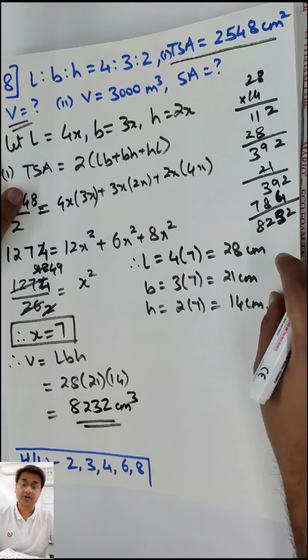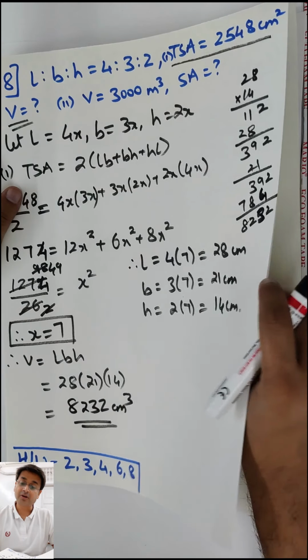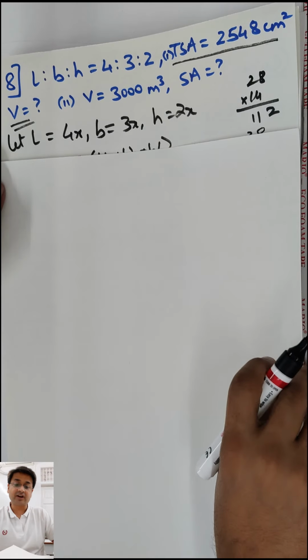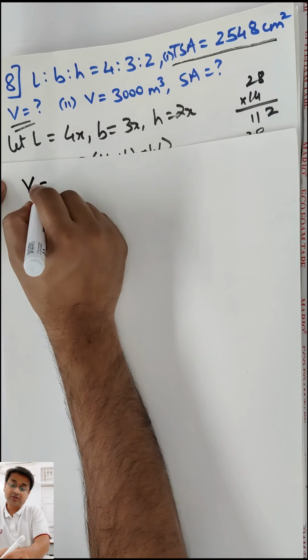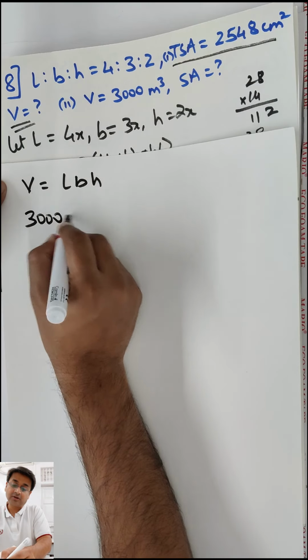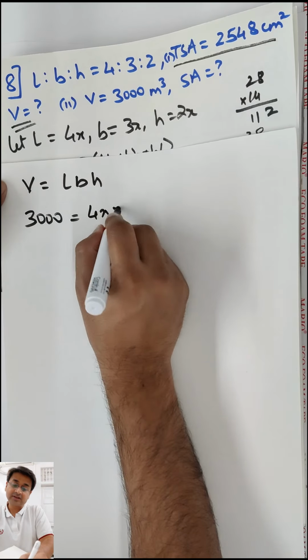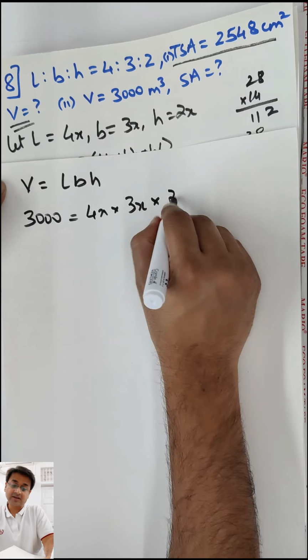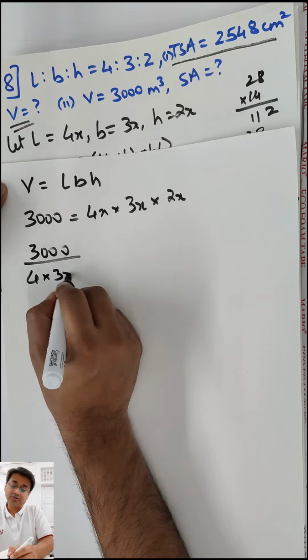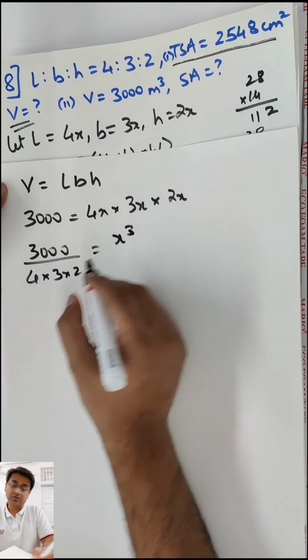Now for the second part. Again the ratio will remain the same, 4:3:2. Volume has been given, find the surface area. So we'll say volume is length, breadth, height. So volume is 3000, length is 4x, breadth is 3x, height is 2x. So I shall get 3000 upon 4 into 3 into 2 equals x cube.